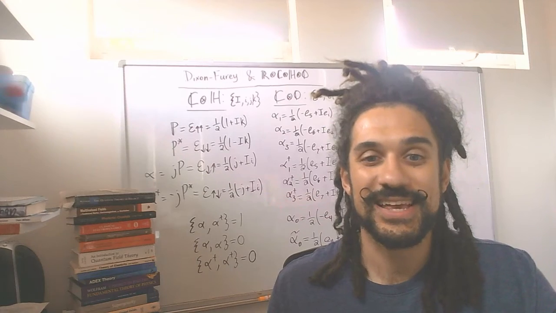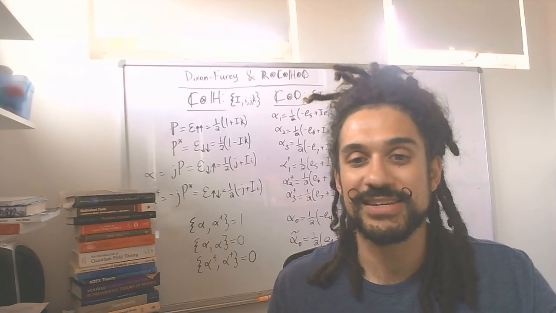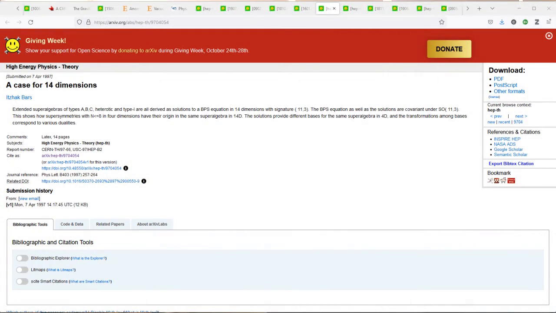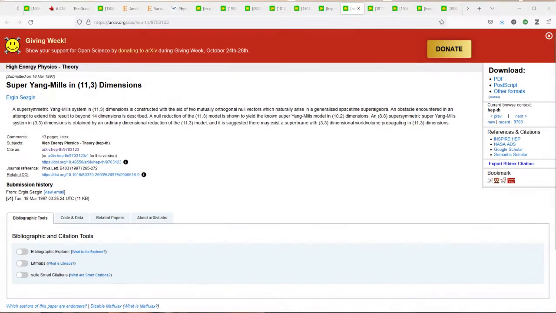By 1997, Bars followed by Sezgin showed that D equals 11 plus 3 contains a superalgebra that truly unifies all of the supergravity and string theory superalgebras in D equals 9 plus 1 and D equals 10 plus 1, which includes type 1, type 2A, type 2B, E8 cross E8 heterotic string theory, and SO(32) heterotic string theory, as well as the M-theory superalgebras.